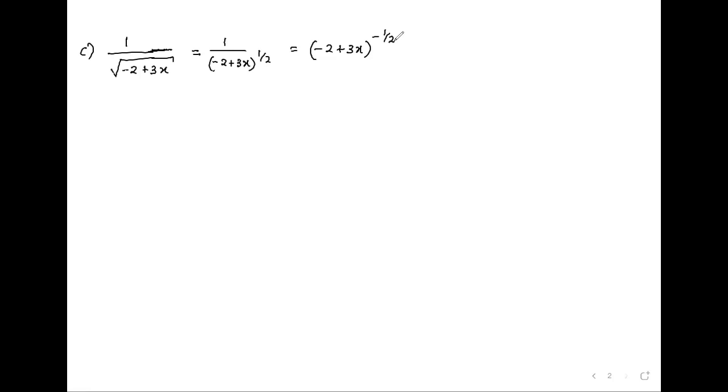Then, because we have a 2 and we have a 3 there, we want to have a 1, so that it is easy to expand.